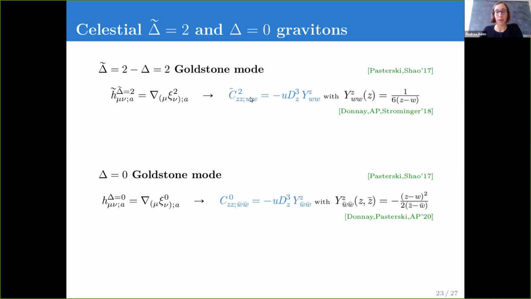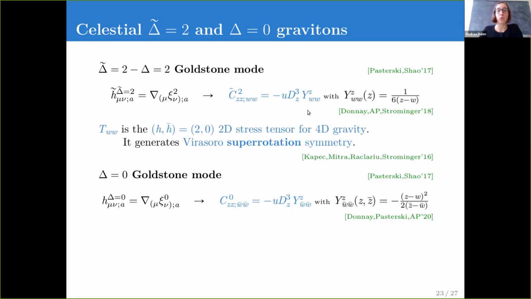Now, we will find that the conserved soft charge associated to this diffeomorphism symmetry is actually the two-dimensional stress tensor for 4D gravity. So this has weights 2,0 for a positive helicity graviton. And the stress tensor is the generator of this Virasoro superrotation symmetry for holomorphic vector fields Y.